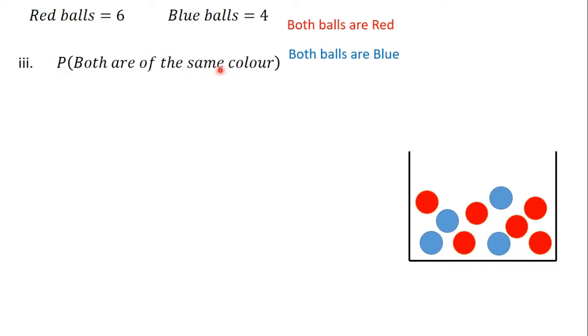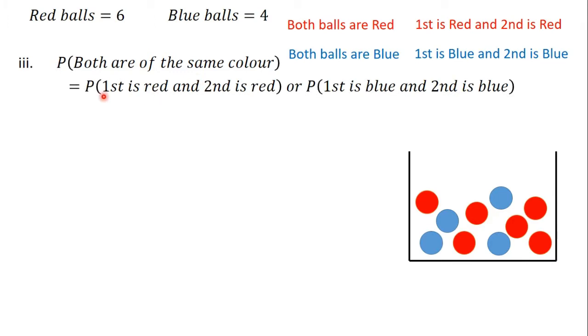If both balls are red, what it means is that the first ball we select is red and the second ball we select is also red. If both balls are blue, what it means is that the first ball we select is blue and the second ball is also blue.